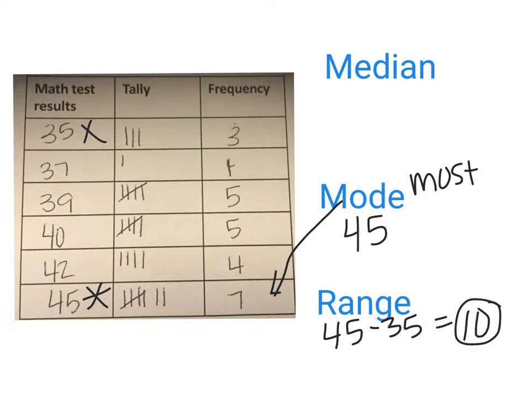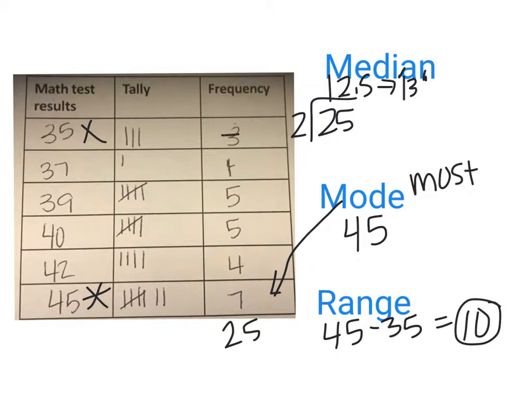Now my median is a little bit tricky with my charts. Basically again, I'm trying to find that middle number. If I have 25 numbers and I'm trying to find the middle number, halfway of 25 is about 12 and a half. That would mean it's my 13th number. So I can use my frequency part to find which number is my 13th number.